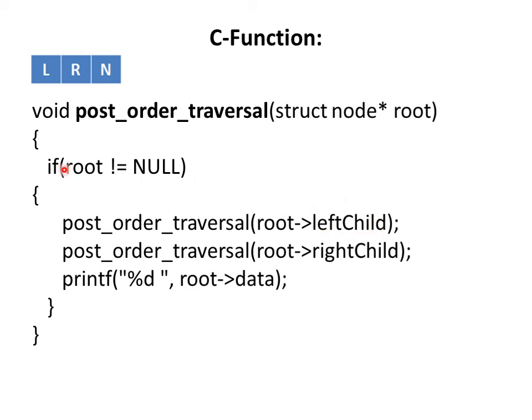After that, I should call post order on the right child of root. Then the last one remaining is the root node, where data is stored. Therefore I am printing %d, root of data.